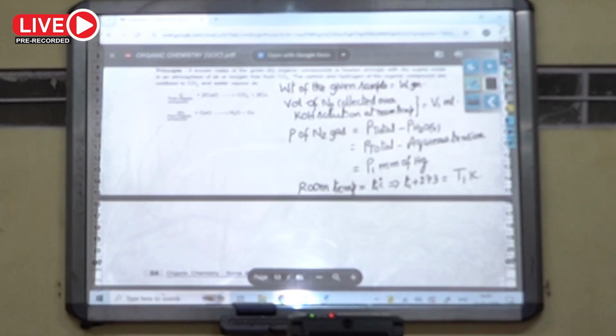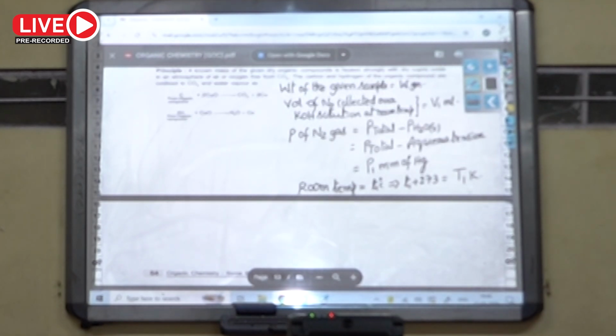So pressure of nitrogen is, from the P total, you have to subtract the water vapor pressure. So that's why pressure of nitrogen gas, what I wrote, P total minus P H2O vapor. Partial pressure of water vapor is known as aqueous tension.